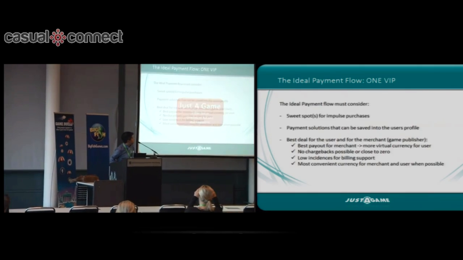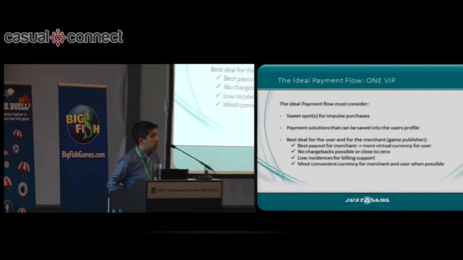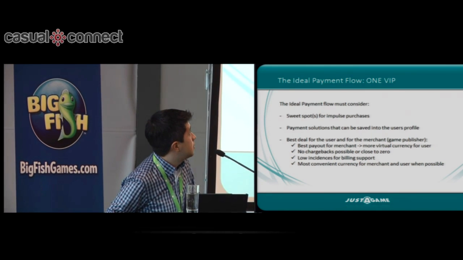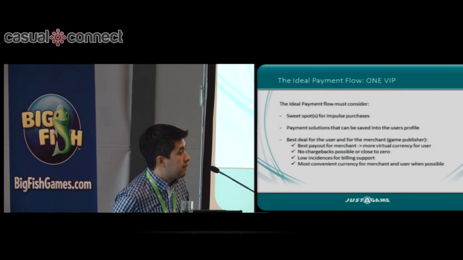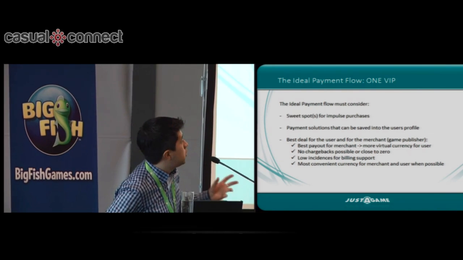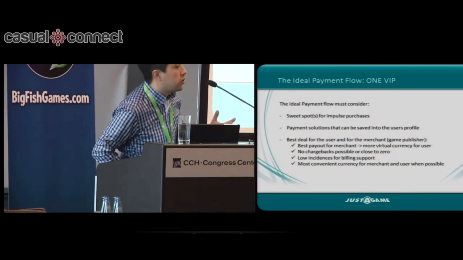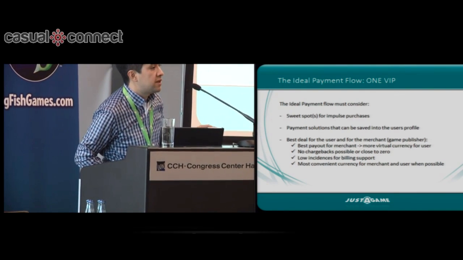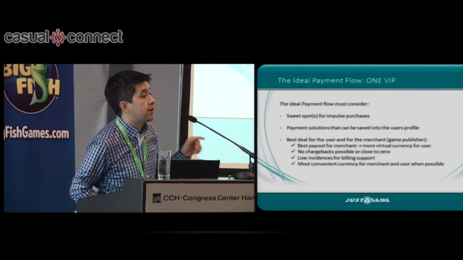I'm going to talk today about what we're going to work on for our newest game, what the ideal payment flow should consider. If you are a payment manager working in the industry, you should know after a couple of months what the sweet spot in your game is for impulse purchases, where your user goes a bit crazy and says, okay, I need to buy something right now.